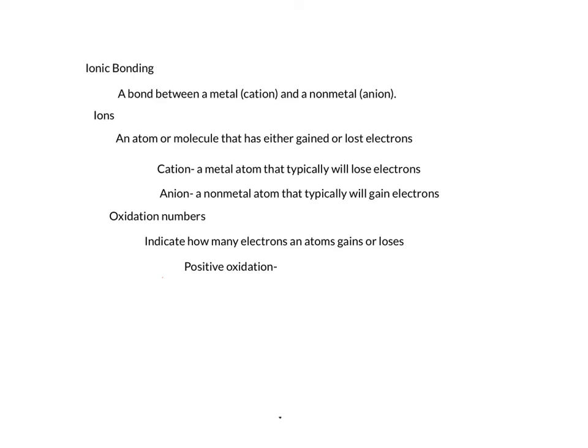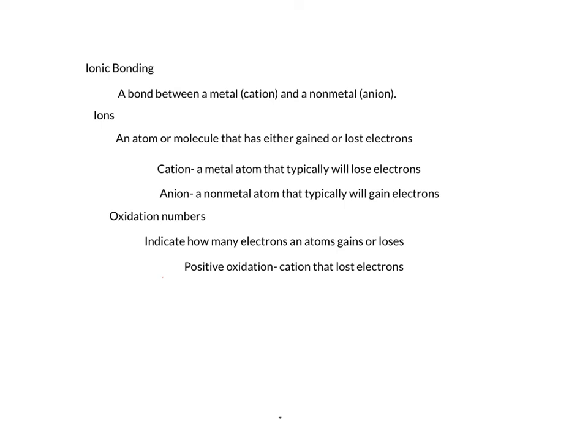Positive oxidation numbers tell us that there is a cation that lost electrons. And the reason why the oxidation is positive is because it now has more protons than electrons. So whatever the net charge is, if I take however many protons and add it to however many electrons are left, I'm still going to be left with an overall positive charge.